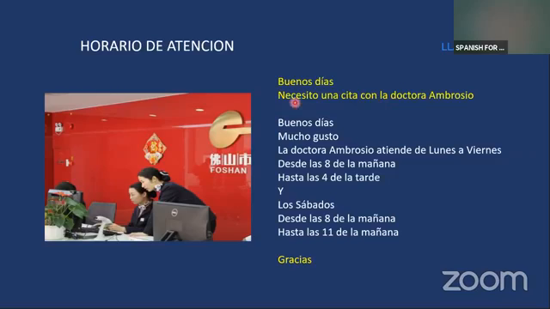Buenos días. Necesito una cita con ginecología. So we can change whatever at the end, but you are going to hear that from the patient. I need an appointment with cardiology. I need an appointment with gastroenterology. I need an appointment with Dr. Samper. So, necesito una cita. It's a very, very common sentence.